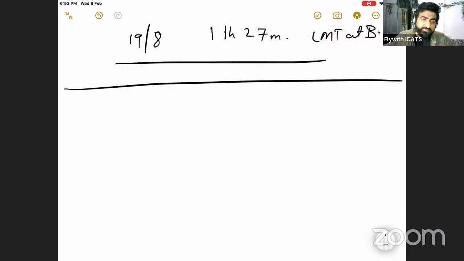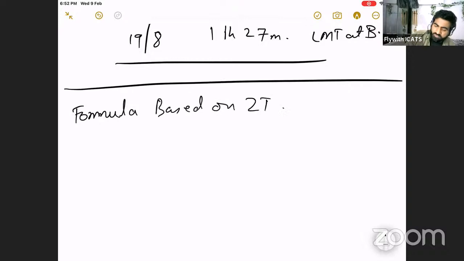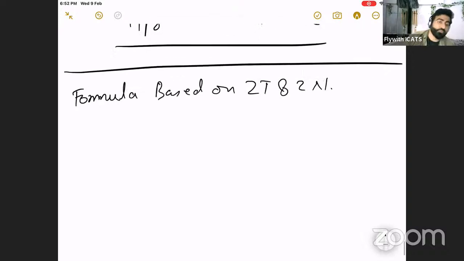Now, interestingly, there is one more sum that you have to solve before I can allow you to go. It is with respect to the formula given to you for zone time and zone number. So, formula based on zone time and zone number.